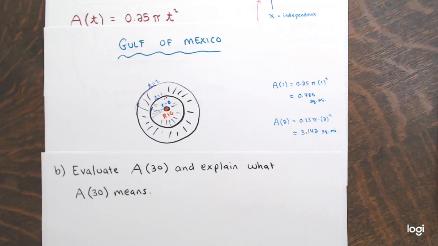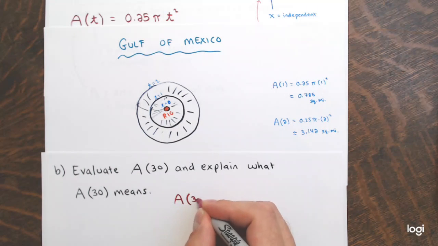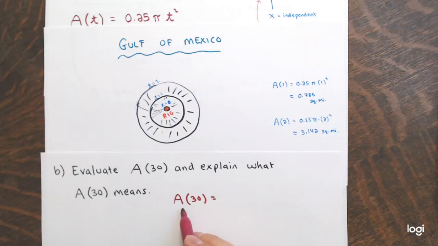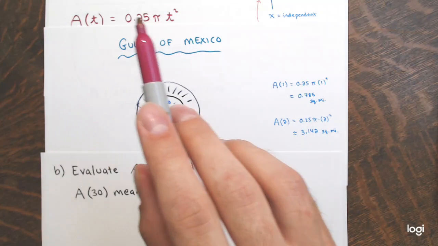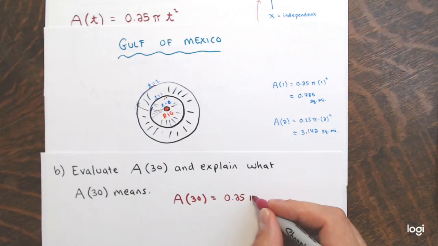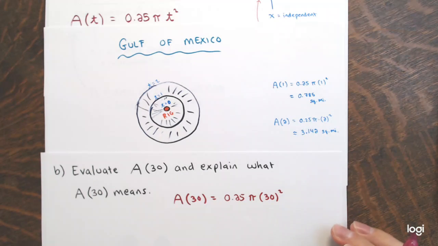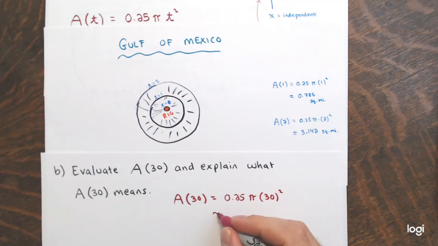A of 30, the value of A at 30. You go to your function A and replace the input t with 30 throughout the rule, which is 0.25 times pi times 30 squared. That's 900 times a quarter times pi, and I'm going to approximate that, rounding to 3 decimal places, the nearest thousandth, like I did with the previous examples.